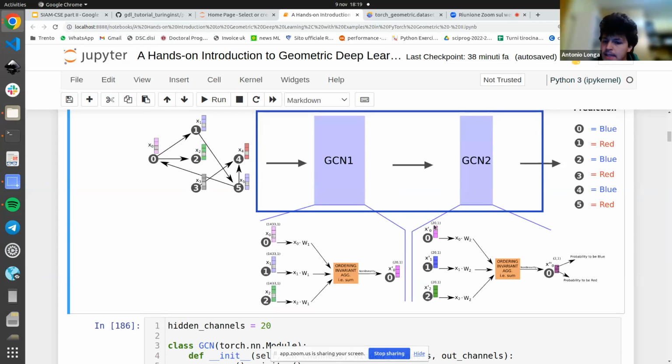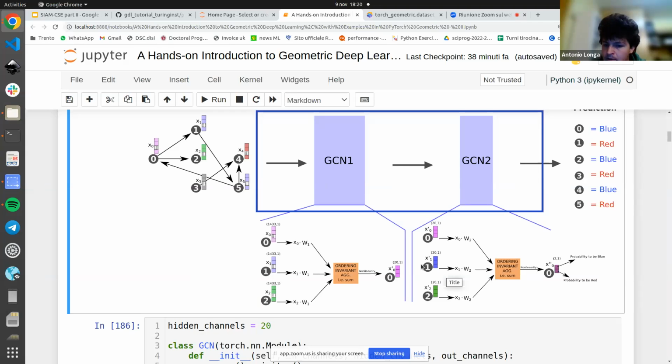Now we would like to compute x second of 0, the representation of node 0 collecting information from two-hop distance neighbors. And what we do is repeat what we did so far, but instead of using the input features, we are going to use the learned features so far.